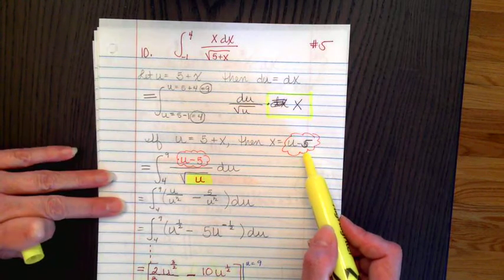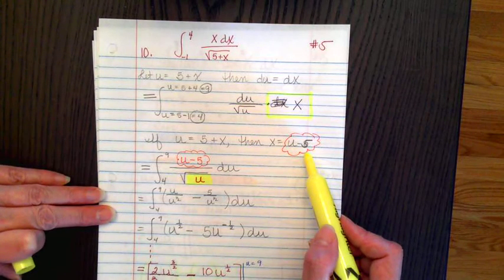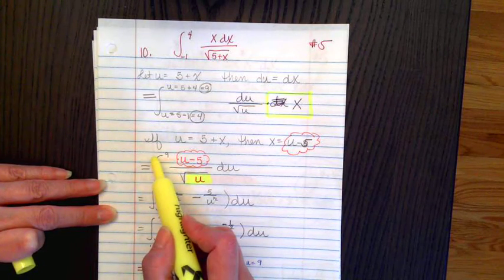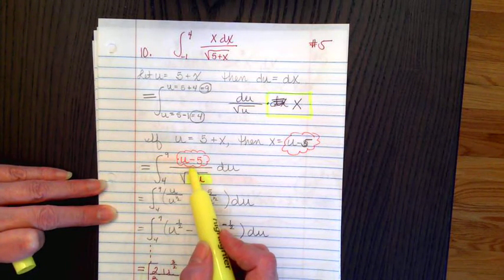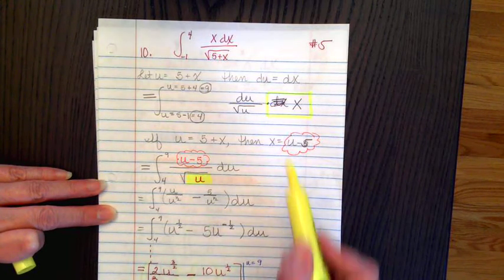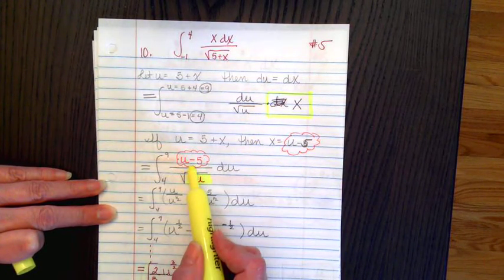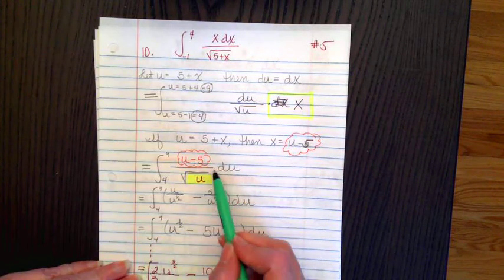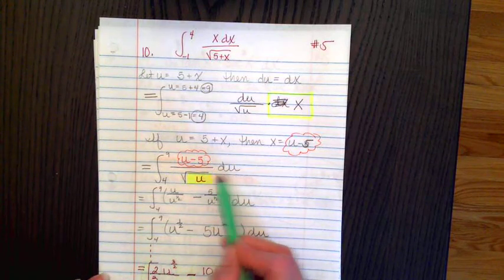So when we rewrite this integral, we're going to say that u goes from 4 to 9. x was replaced with u minus 5. And then we've got the square root of 5 plus x, which is the square root of u, times the derivative, or over the du.